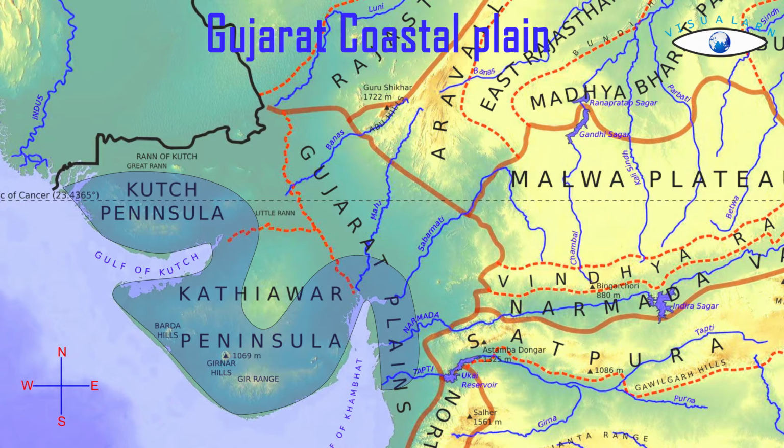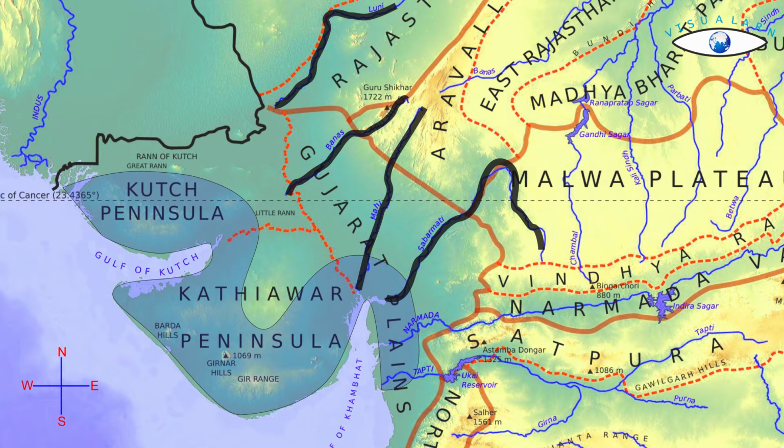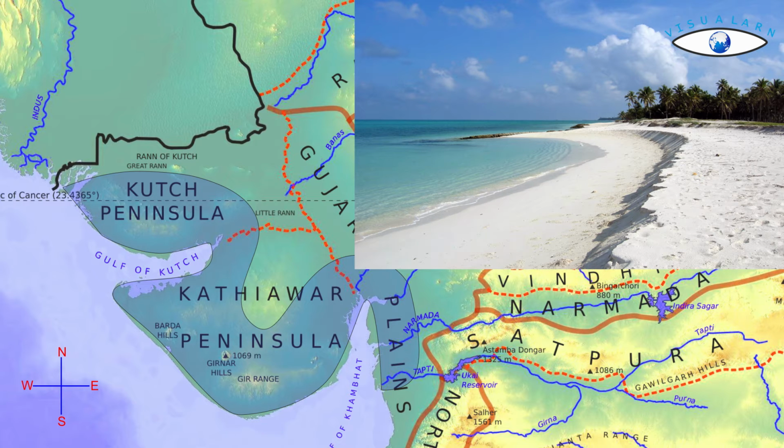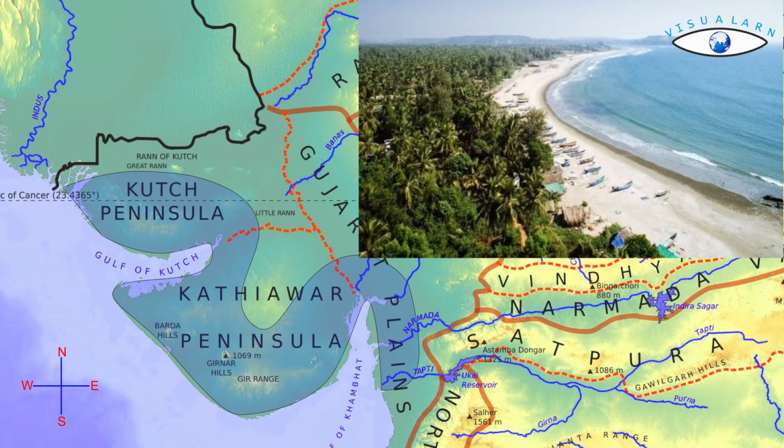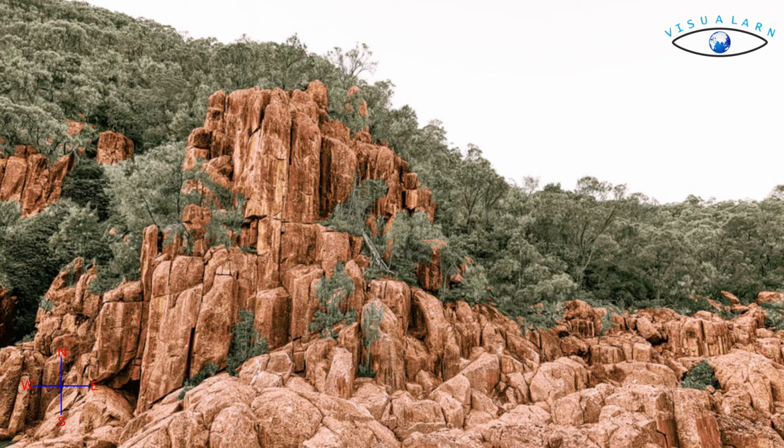Gujarat coastal plains cover most of the state of Gujarat. It is formed by alluvial deposits of the Sabarmati, Mahi, Luni and numerous parallel consequent streams. Part of this plain is the product of the depositional activity of the winds and recession of the seas.